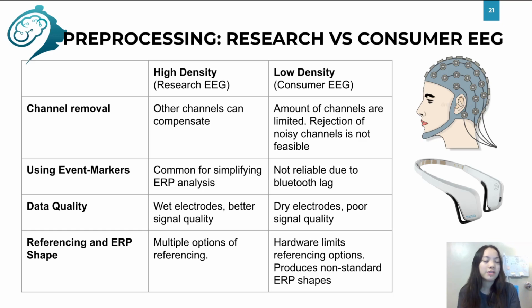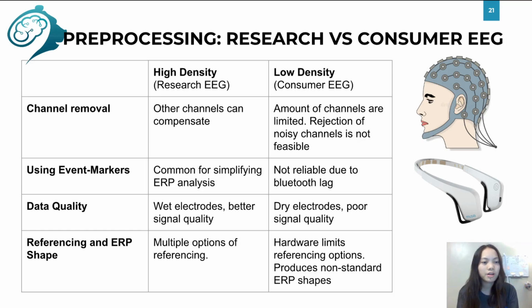The last difference that I'll be talking about is referencing and the ERP shape. With high-density EEG systems, many channels are available, so there are multiple popular options for referencing, such as the mastoid channels. But with low-density EEG, the hardware limits referencing options, so a common compromise is referencing to the FPZ channel.